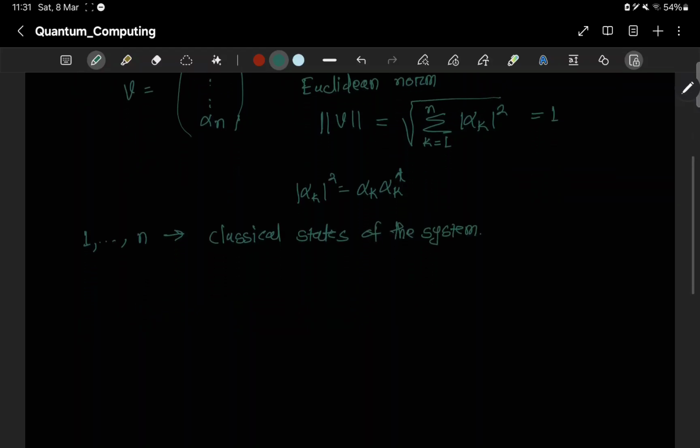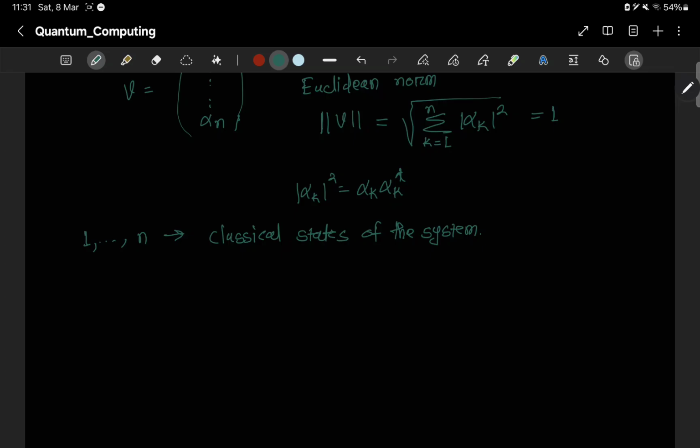So similar to classical information, here we will have a finite set of classical states, but the system can also be in some quantum state. Basically, if you have heard about superposition, the quantum state can be in a superposition of these classical states at a particular time. But unlike the probabilistic state, which is a linear combination of classical states, we'll have some state that is really physical in the quantum realm.